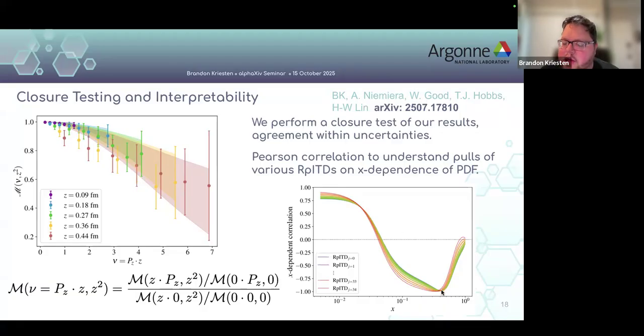And what this is telling me is that in these regions, there is redundant information in these RPITDs. So really, this Ioffe time distribution seems to be only giving very little constraining power on the shape of the PDF. But maybe that's enough to constrain something at large x more so than the experimental data.